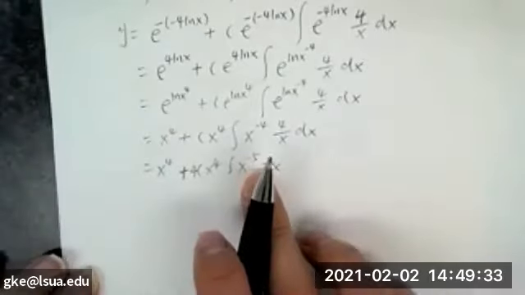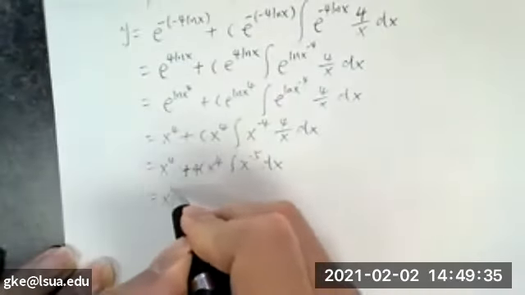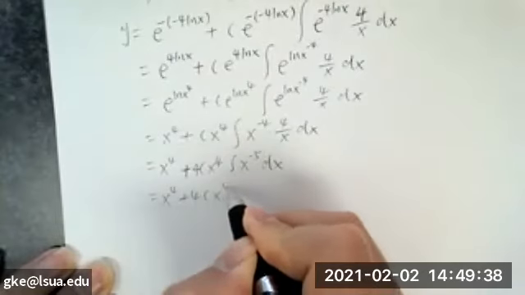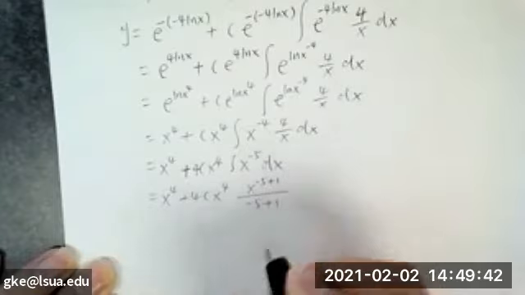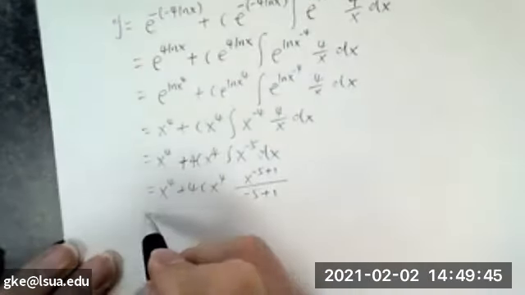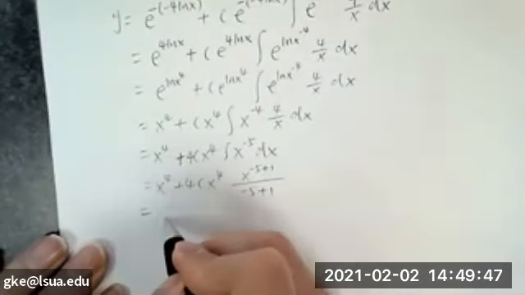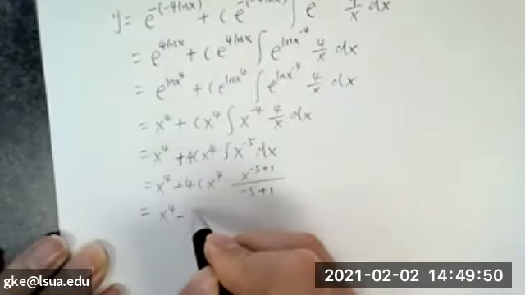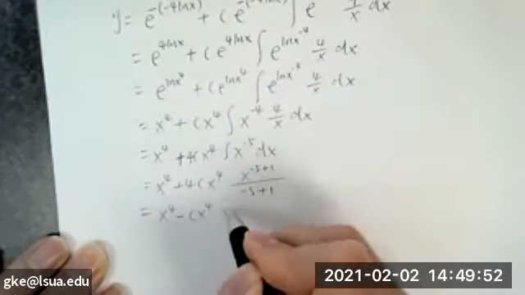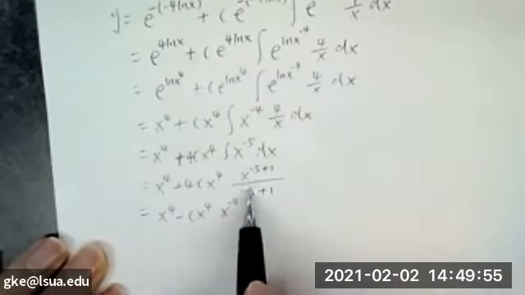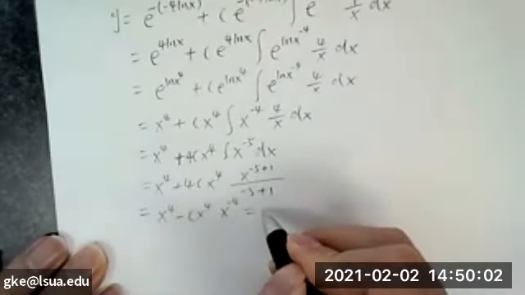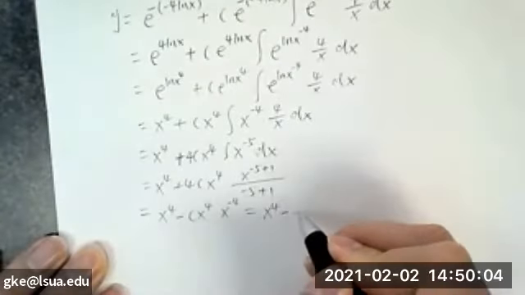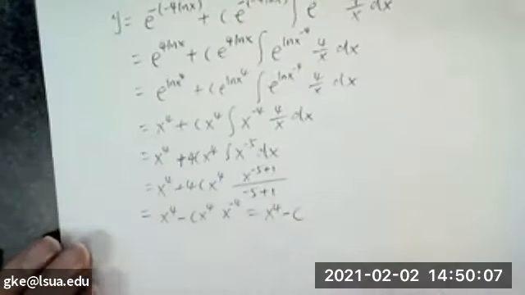Now you can use the power rule, again negative 4, and here is x to the power 4. Here, negative 4, the 4s cancel out, giving a negative. And this will give you 1 plus c.